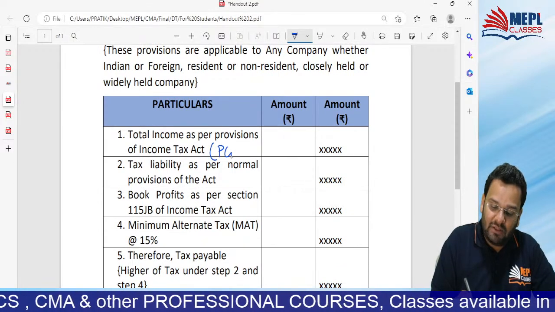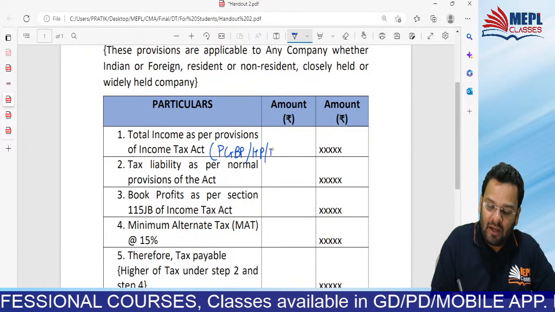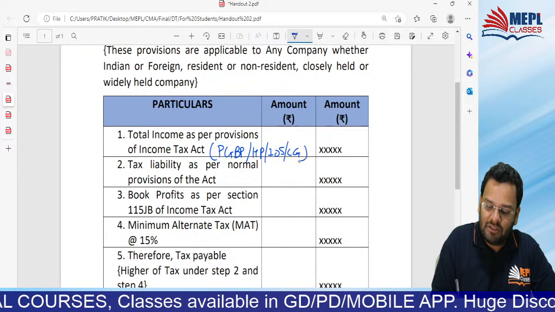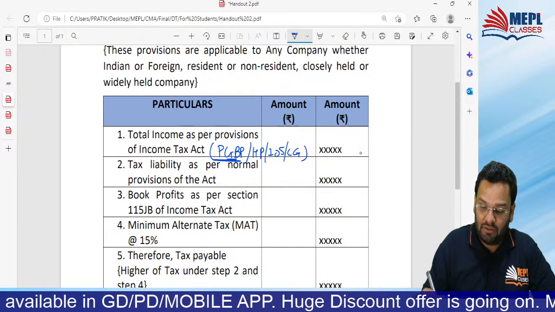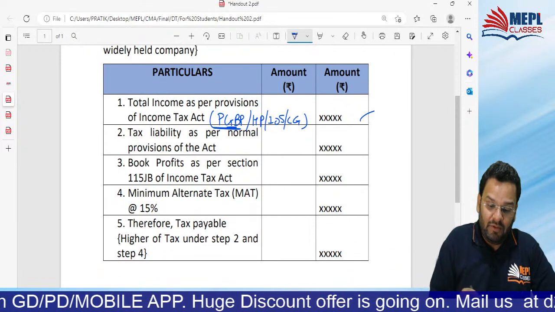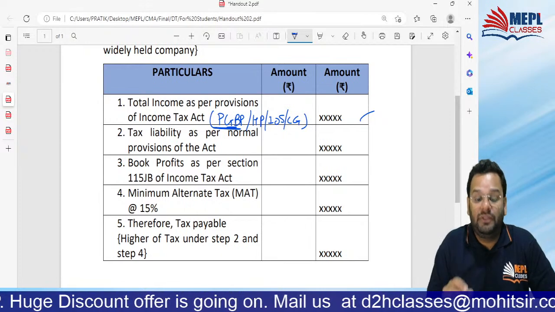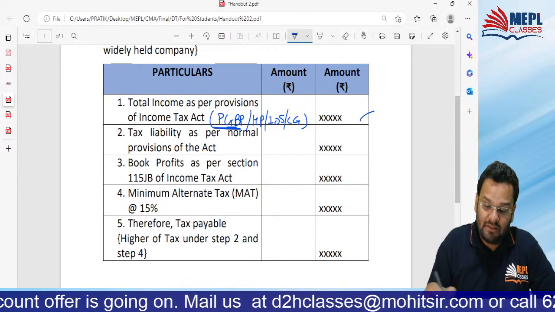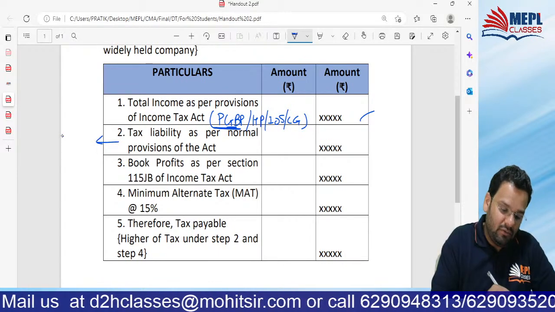In this, you will need PGBP mainly, and you will need HP, IOS and CG, but PGBP was main, so we refreshed it. Then we will calculate tax liability as per normal provisions of the Act. Yes, so it is for domestic companies.